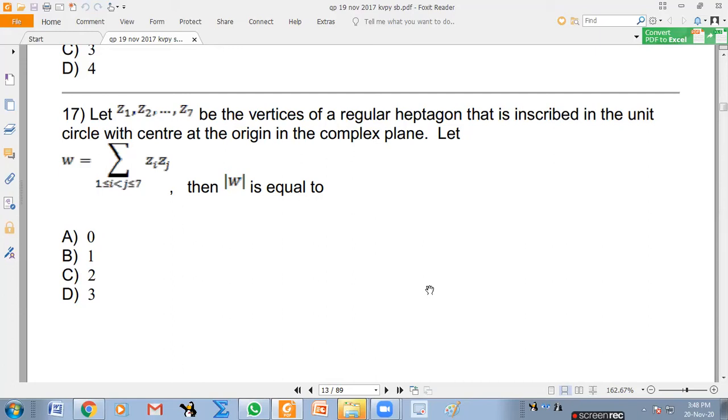Okay, so the 17th question, I have a unit circle.